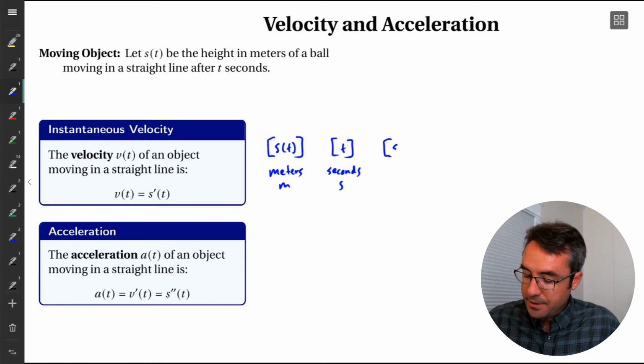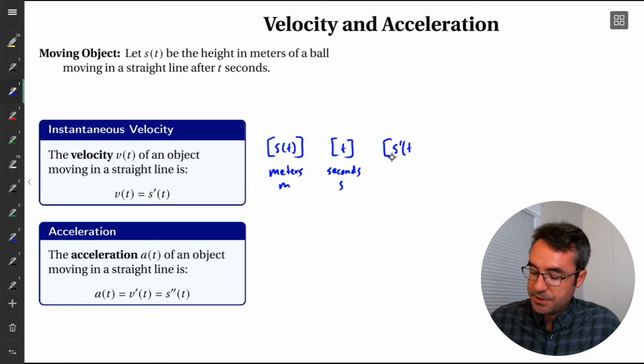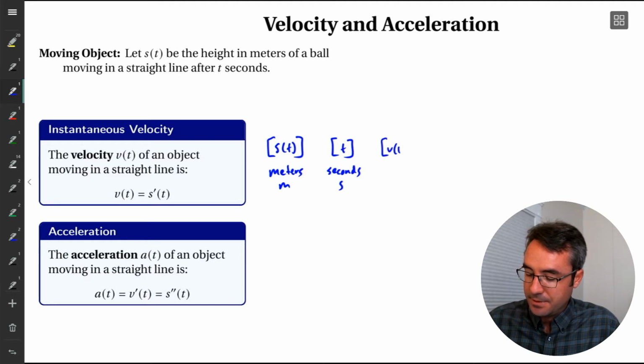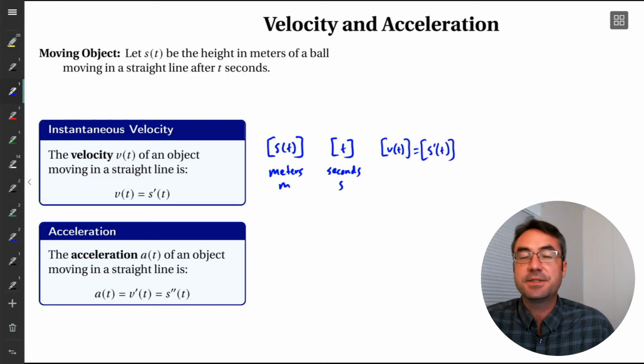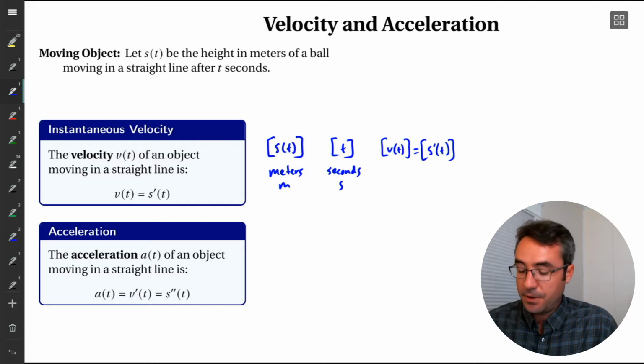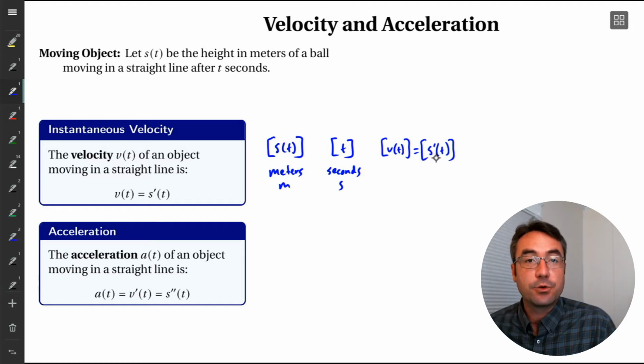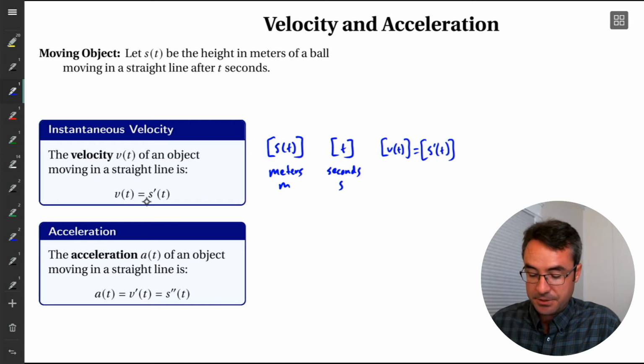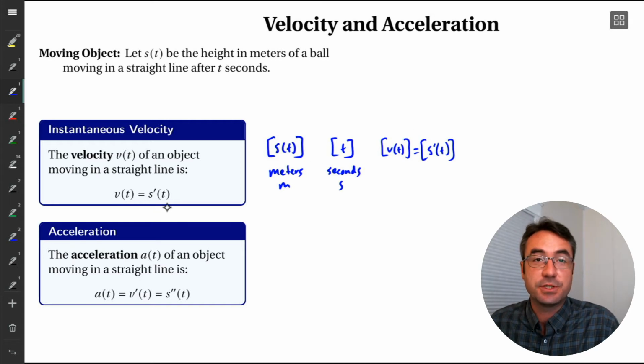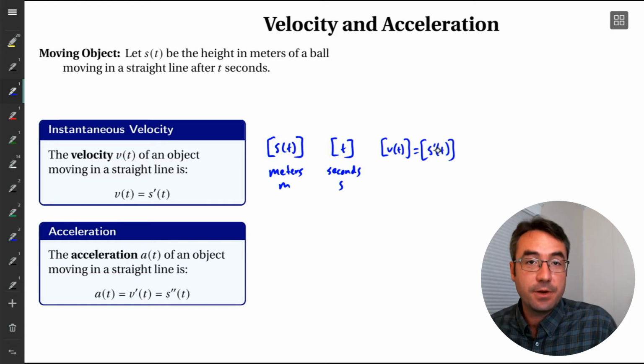And so what would be the units for our velocity function? You probably already know, but it's good to talk about this. The units for our velocity function would be the same as the units for the derivative of our position function, because those two functions are actually the same. So what would be the units for the derivative here?